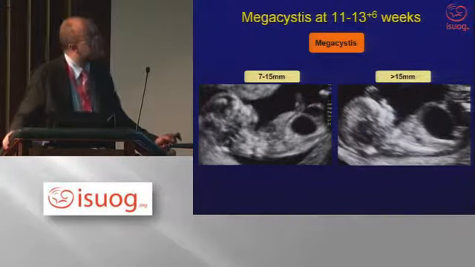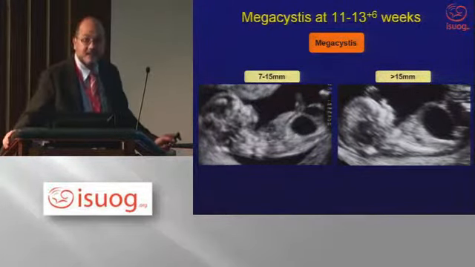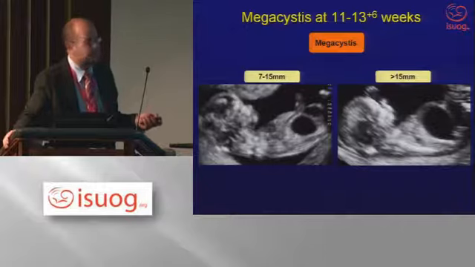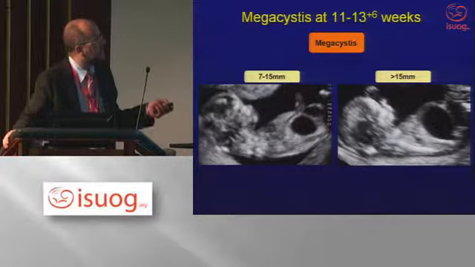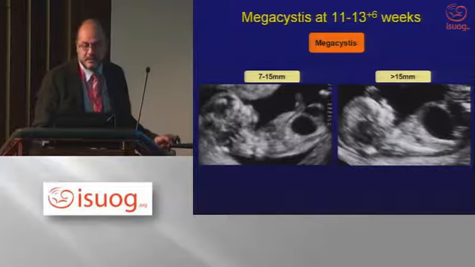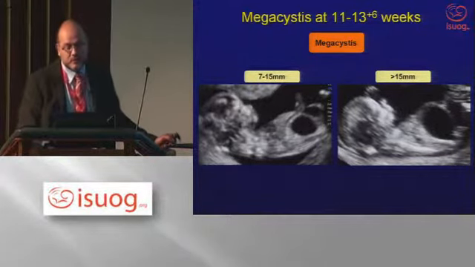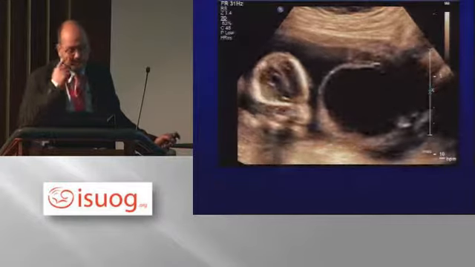Once you've decided that it's over 7 millimeters, you then subdivide it into ones which are very large, more than 15 millimeters, and into ones that are a little bit large, 7 up to 15 millimeters. And it's important to make that division and distinction because the prognosis for those two cutoffs is different.